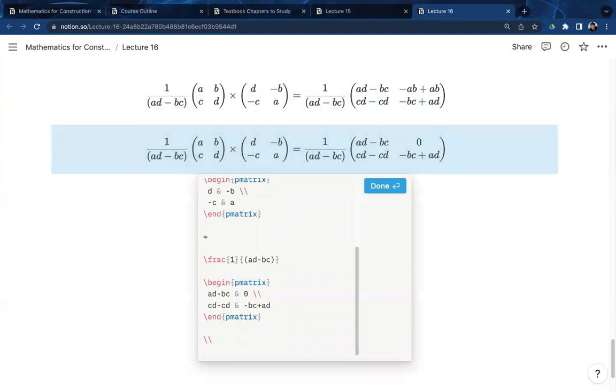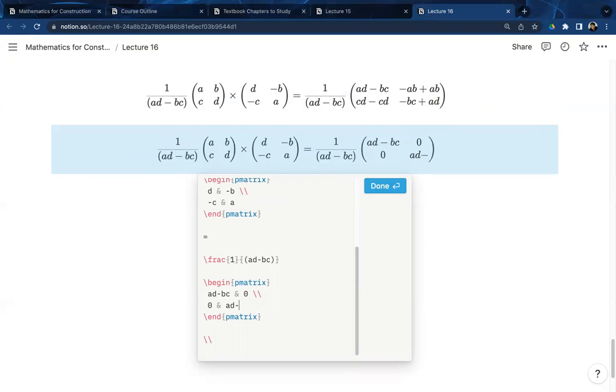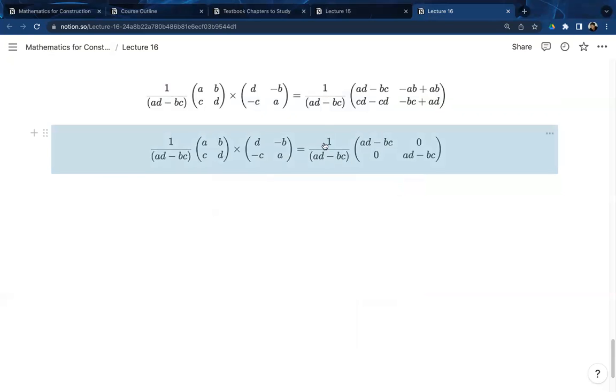And this CD minus CD here is 0 too. And this AD minus BC just rearranges to AD minus BC. And if you multiply by a scalar of 1 over AD minus BC, then these things will cancel.